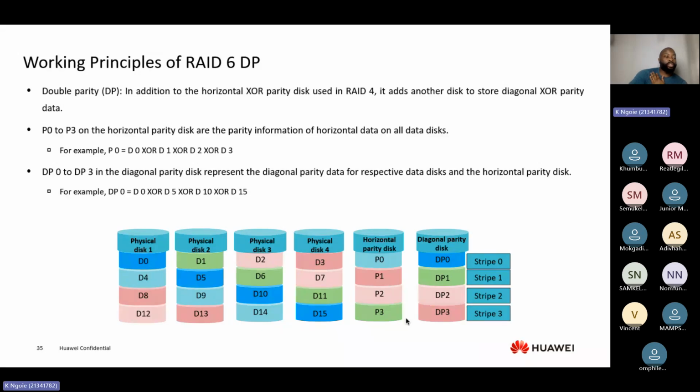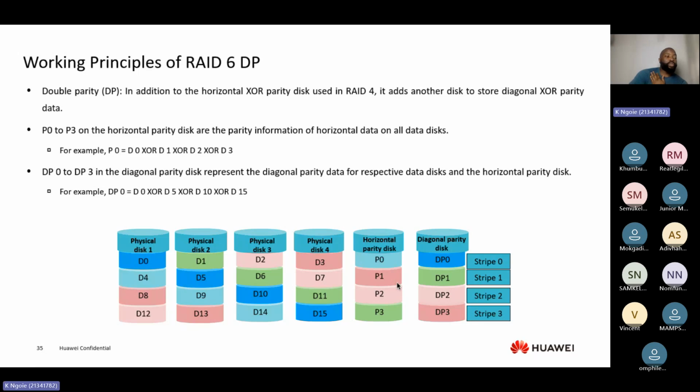What is P3? P3 is here. In the horizontal, we have a P0 and a P3. We have that information in the horizontal data, and that information will be taken on all the disks. So whenever we have a problem, this data will be taken there.